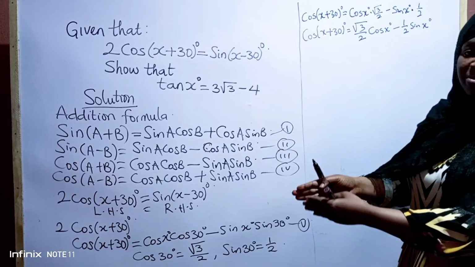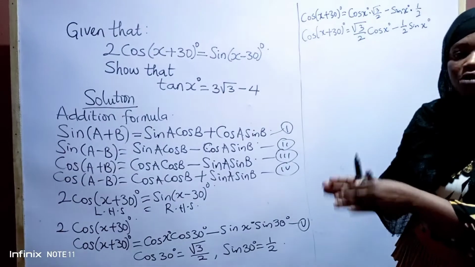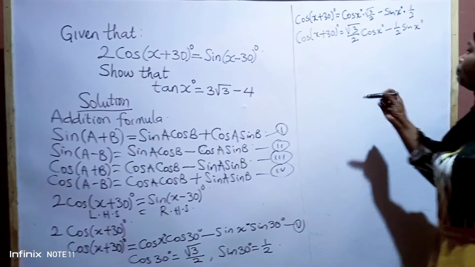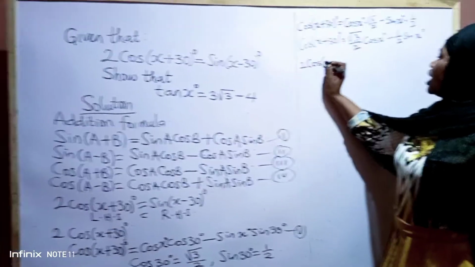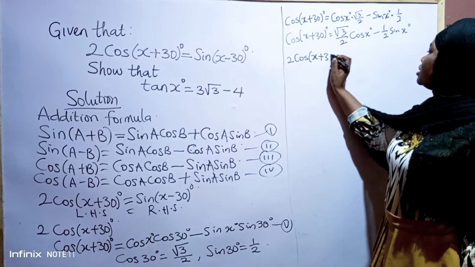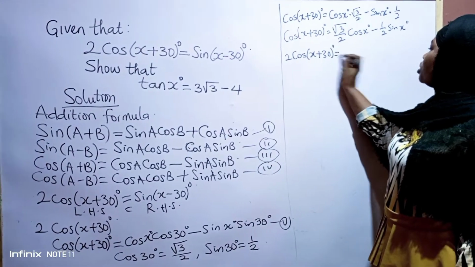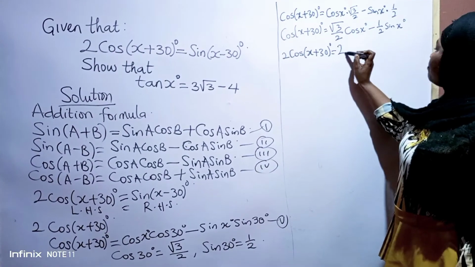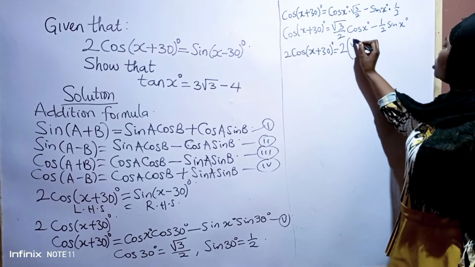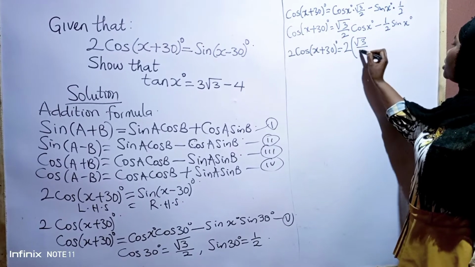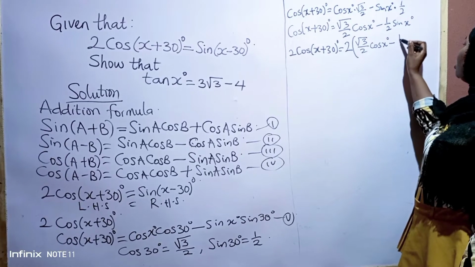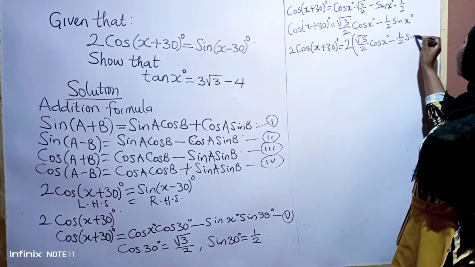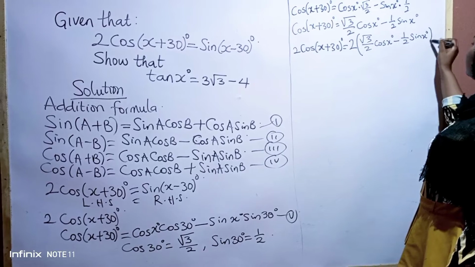You could remember that we kept our 2 outside, so let's bring that 2 back. So 2 cos(x + 30°) will now be equal to, we multiply everything here by 2. So 2 multiplied by √3 over 2 cos x° minus 1 over 2 sin x°.